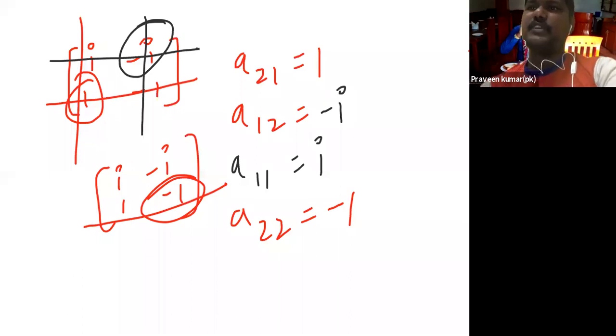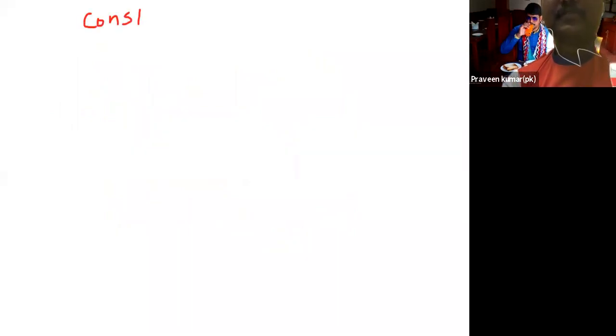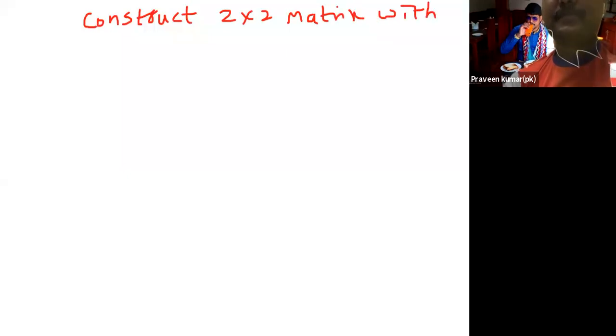See, dear students, like given one more question, very important. This is 2 marks. 1 mark, they will ask this question. Construct 2 by 2 matrix with Aij is equal to i plus j.